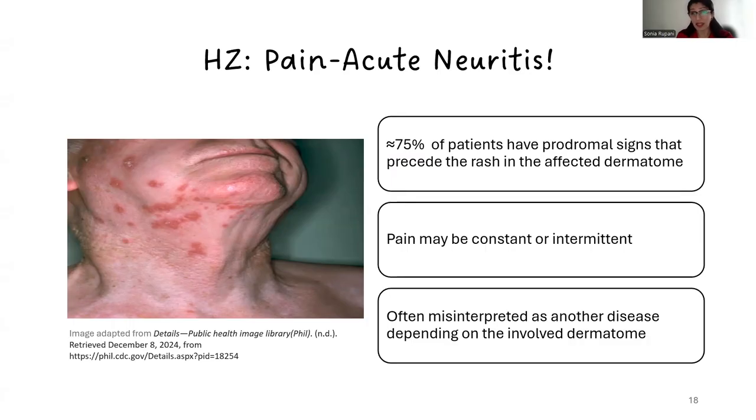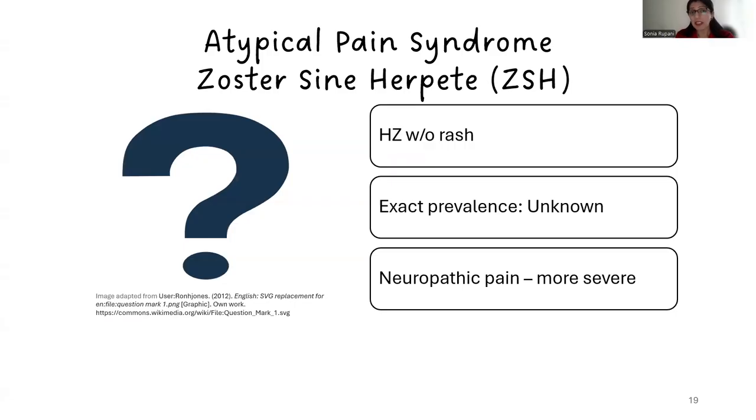And it's pretty painful. Now, there's been discussion about an atypical pain syndrome referred to as zoster sine herpete, ZSH, where patients have herpes zoster but no rash. This means they have the pre-eruptive phase and the acute neuritis, feeling this burning, stabbing sensation in the skin of the affected dermatome, but there's no rash.